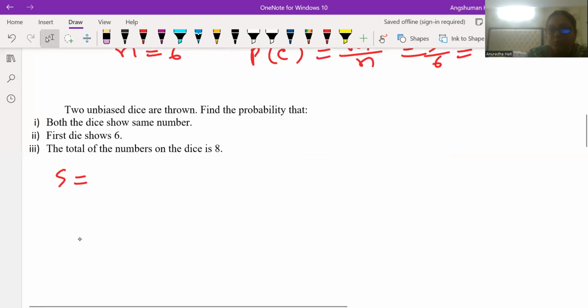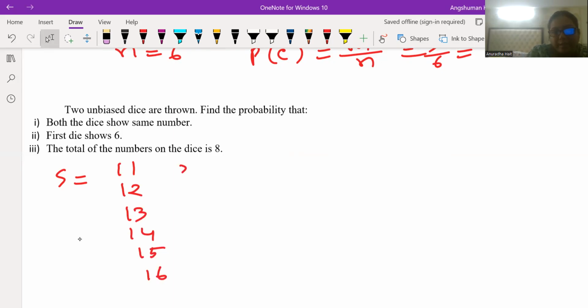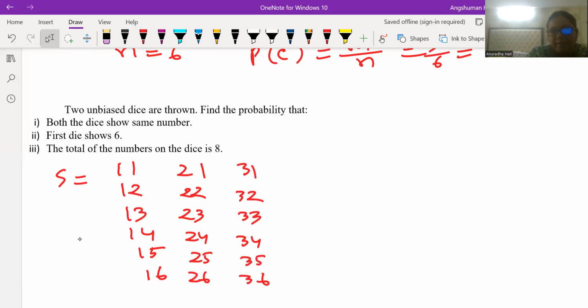When we are throwing 2 dice, what are the possible points we are getting? We are getting 1,1, 1,2, 1,3, 1,4, 1,5, 1,6, like that 2,1, 2,2, 2,3, 2,4, 2,5, 2,6. Next, 3,1 up to 3,6.